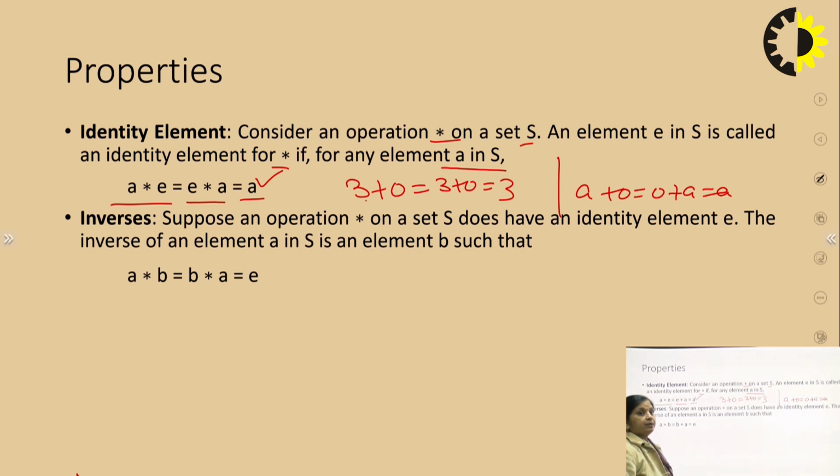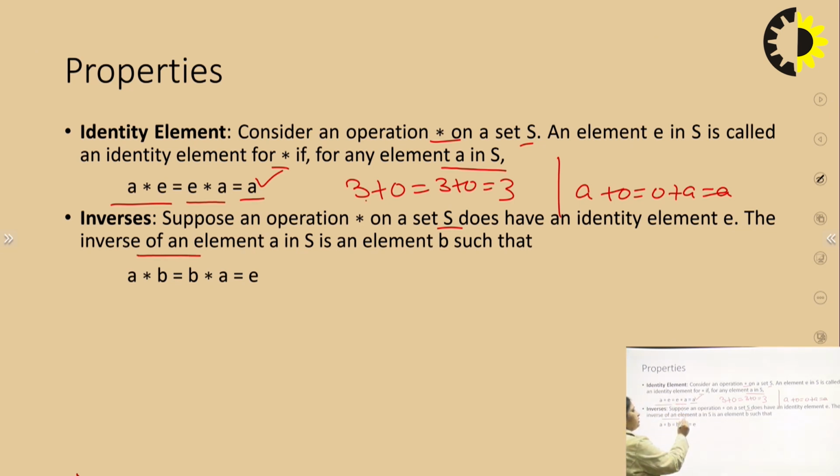Now the next property is inverse. Whether the inverse exists or not. Suppose an operation star on S does have an identity element, so inverse will be checked when we have the identity element. Suppose an operation star on a set S does have an identity element e.